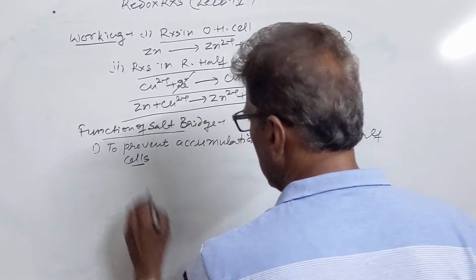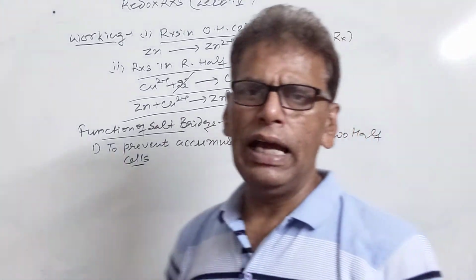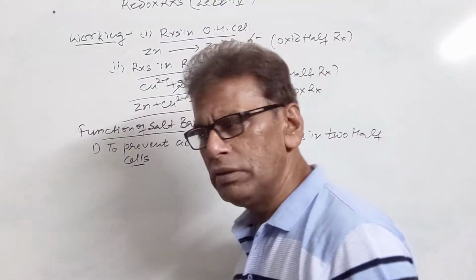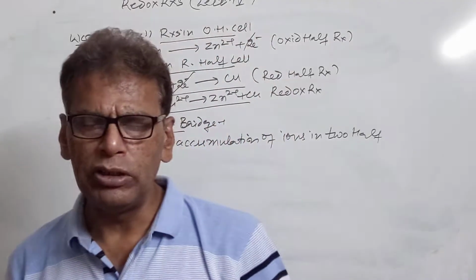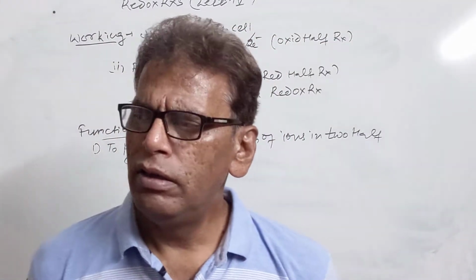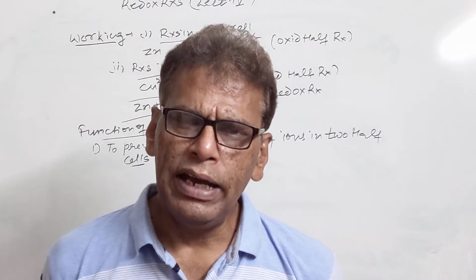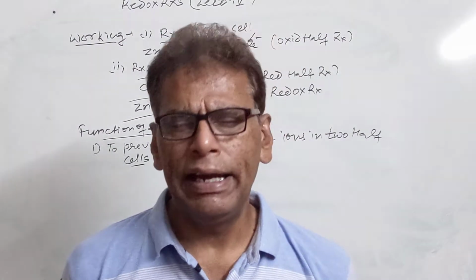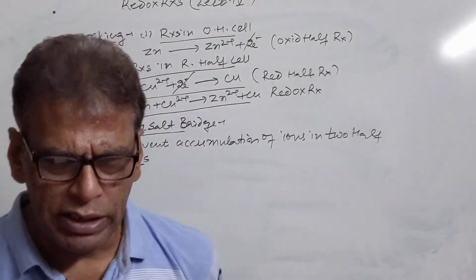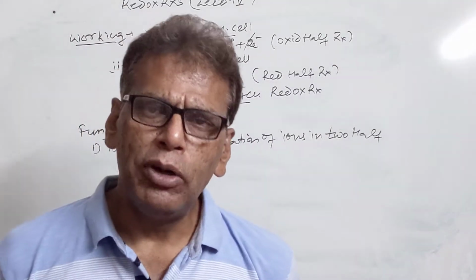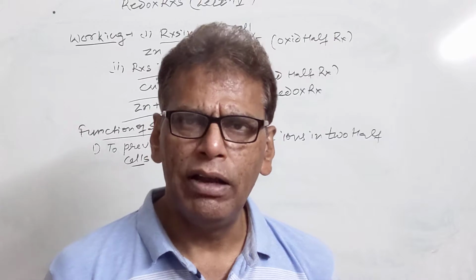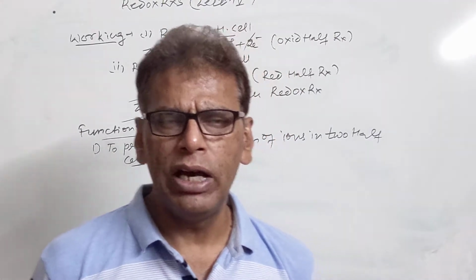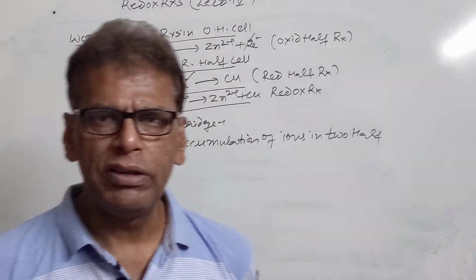As the salt bridge contains the electrolytic ions, the positive ion of this electrolyte withdraws the negative ions from the reduction half cell, and the negative ion of the electrolyte of the salt bridge pulls the positive ions from the oxidation half cell, and they mutually transfer the positive ion to the reduction half cell and the negative ion to the oxidation half cell.